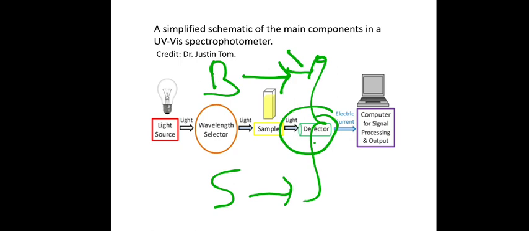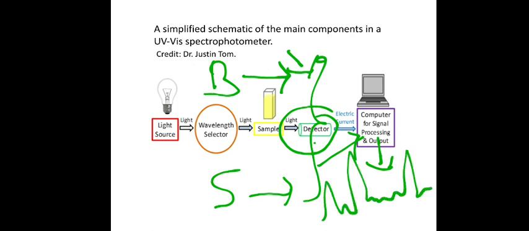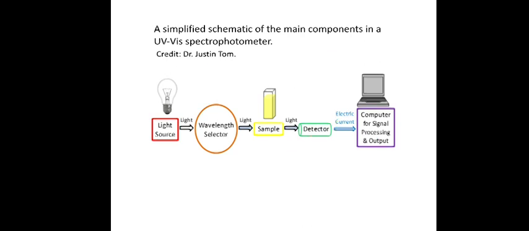Then it will compare, and based on that, this information will be fed to a processing unit, and then it will be output usually in the form of wavelengths, or it will give you a graphical format.